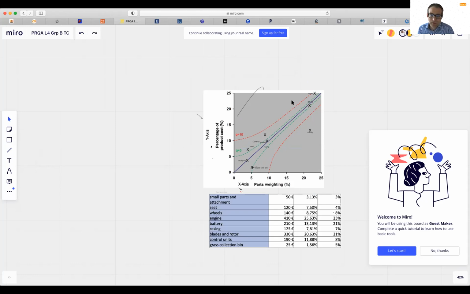This area is the area of too expensive. The straight line in the middle is the perfect line, and the area under the green curve or the red curve, if this is our corridor, is where the battery is, where we could put functionality in to do something for Kano excitement criteria.